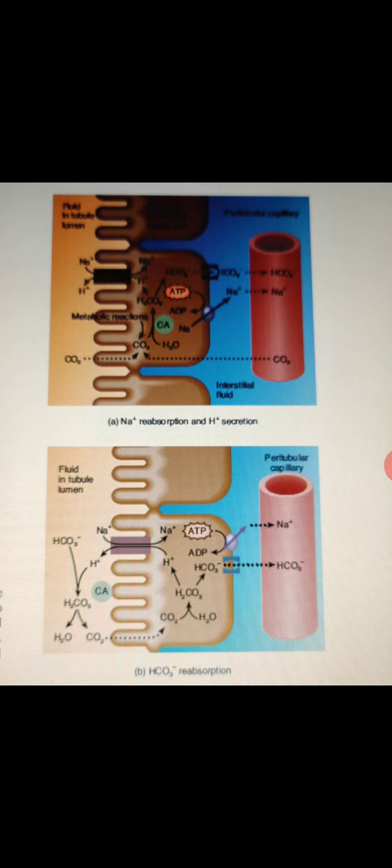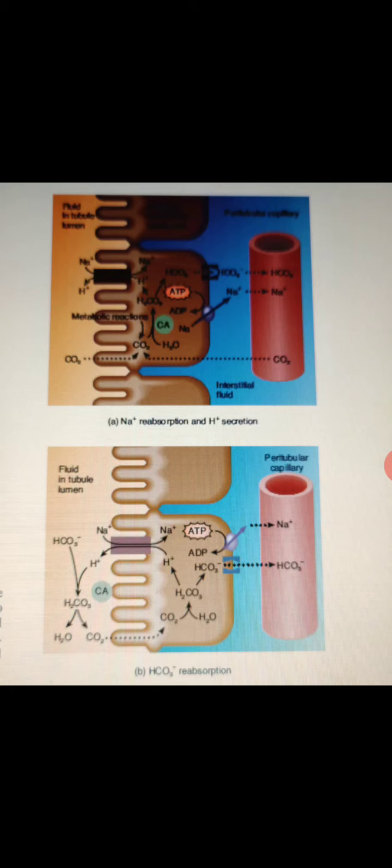Carbon dioxide diffuses from the peritubular blood, or is produced by metabolic reactions within the cell, as also occurs in the RBC. The enzyme carbonic anhydrase catalyzes the reaction of CO2 with water to form carbonic acid, which then dissociates into hydrogen ion and bicarbonate ions.